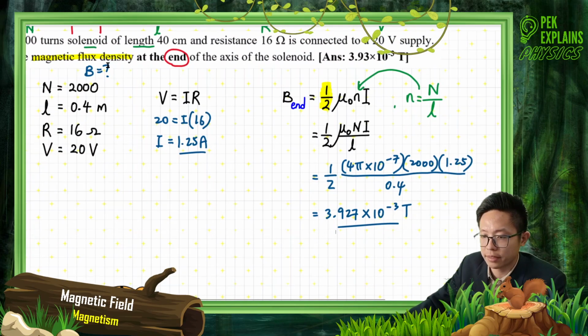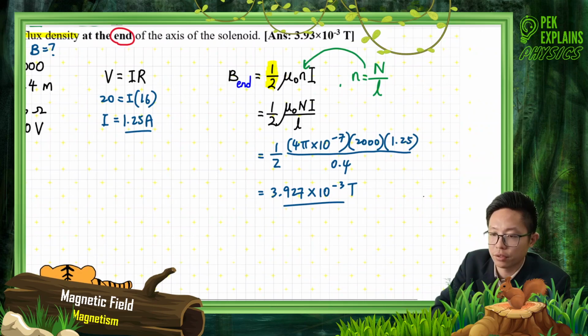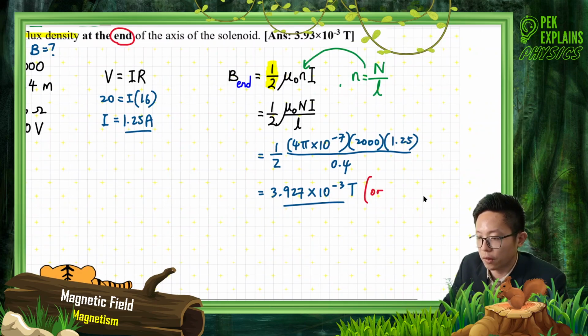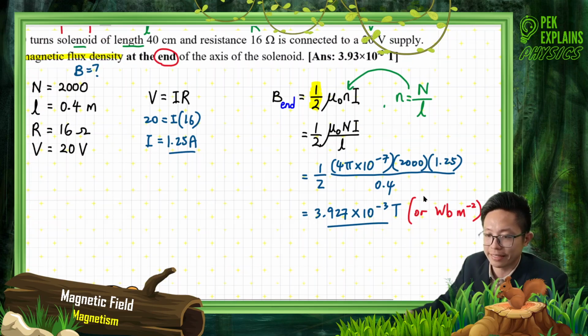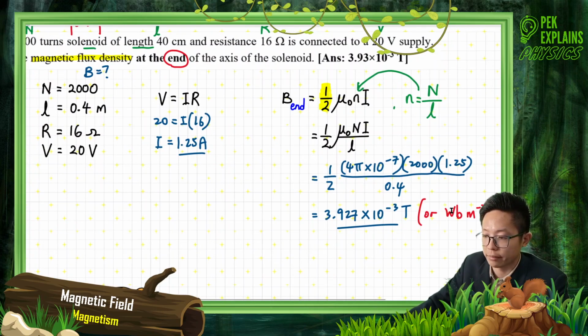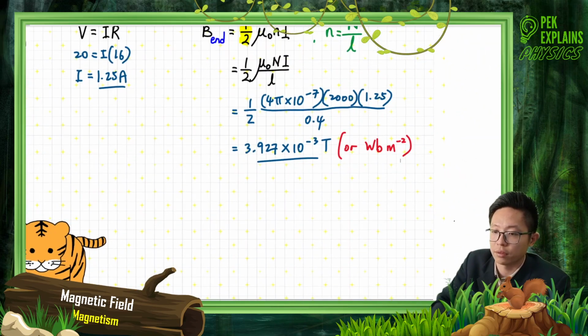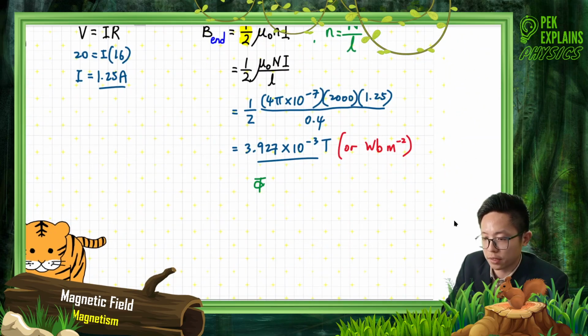Sometimes magnetic flux density also uses another unit. You can also write the unit as Weber per meter square, because this is flux density. It is related to the chapter on electromagnetic induction. When you study magnetic flux, you study about Weber, because of the formula flux equal to BA cos theta, which you learn in chapter 5, electromagnetic induction.